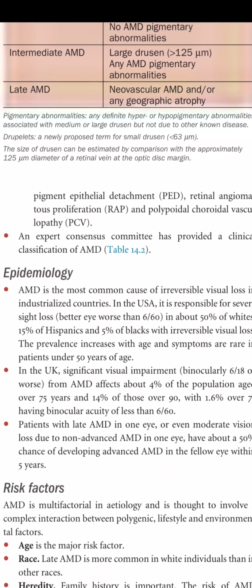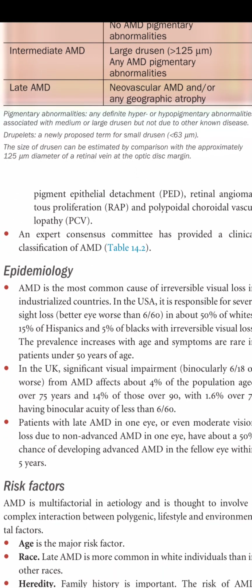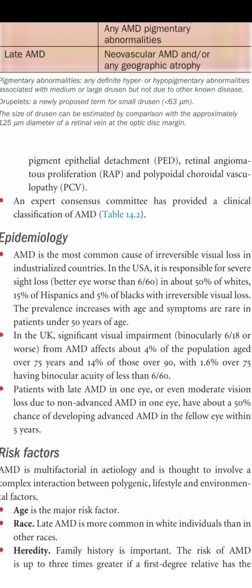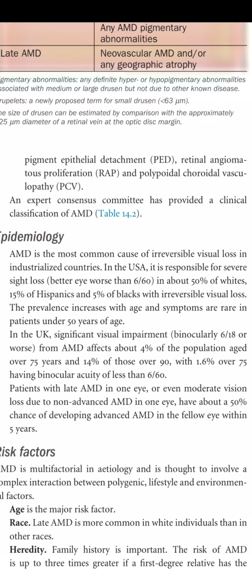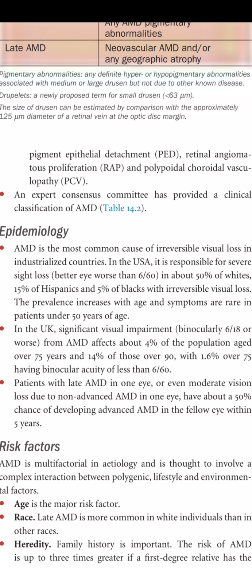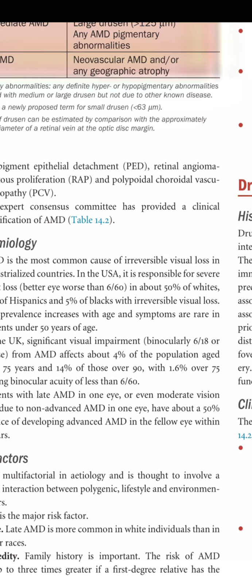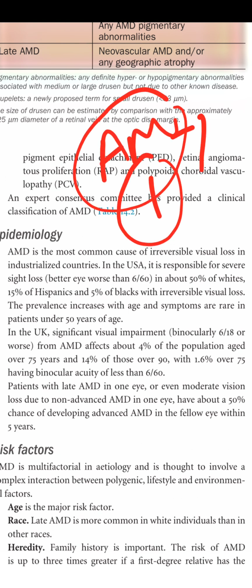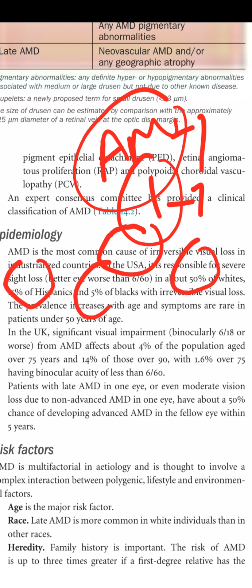So epidemiology. AMD is the most common cause of irreversible visual loss in the industrialized countries. In the USA, it is responsible for severe sight loss, better eye worse than 6/60, in about 50% of whites, 15% of Hispanics, and 5% of blacks with irreversible visual loss. So basically, AMD causes irreversible visual loss.